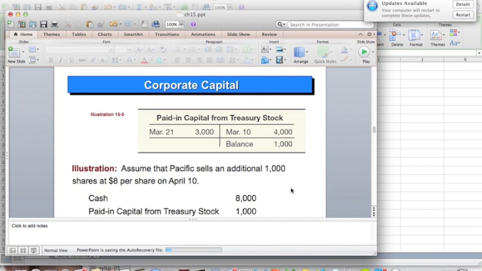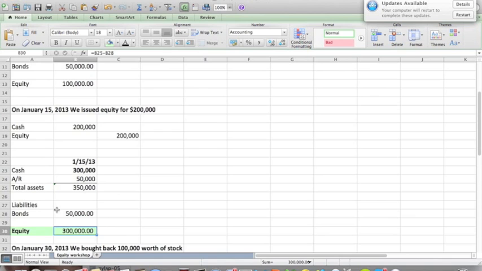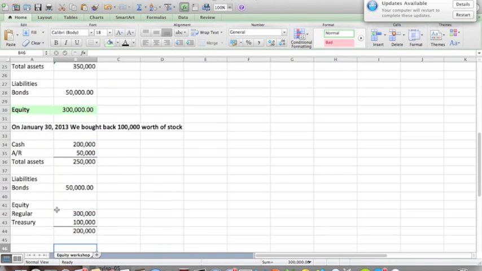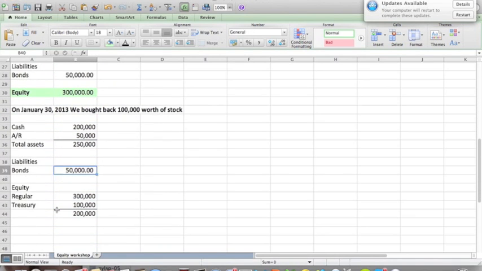Now, I also made an example here in my file of what happens for treasury stock, just really simple. What happens when you have a treasury stock buyback. On my side, I have a treasury stock here. It's actually negative.